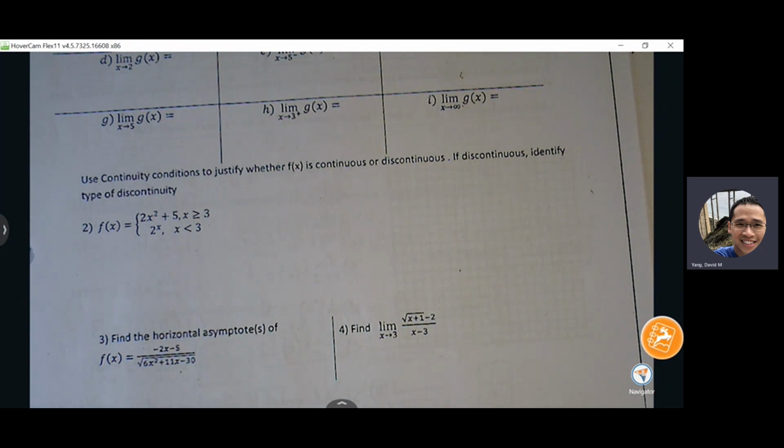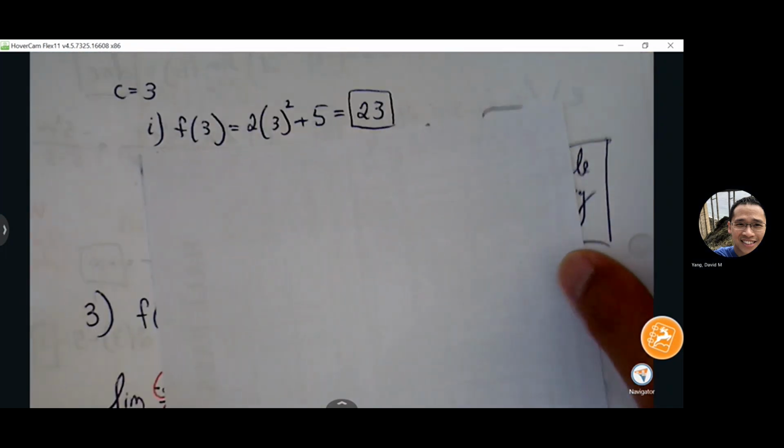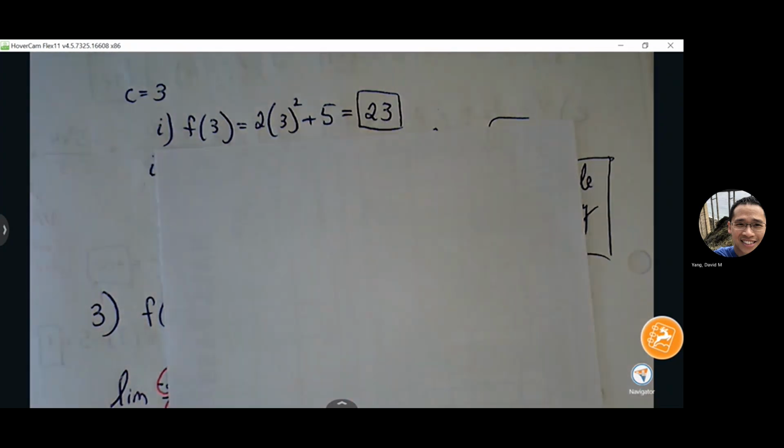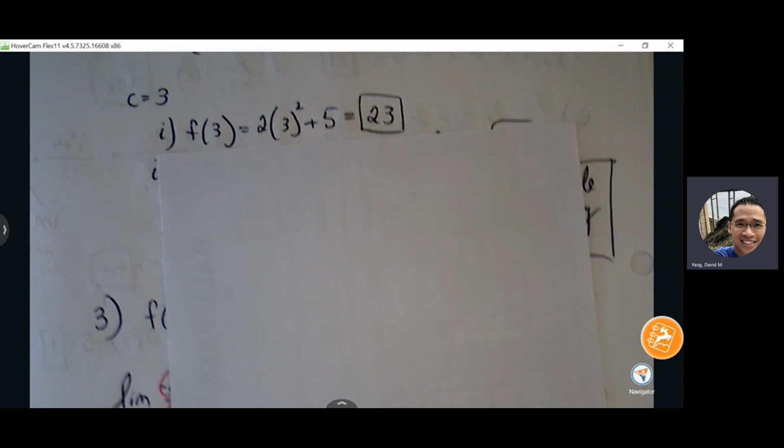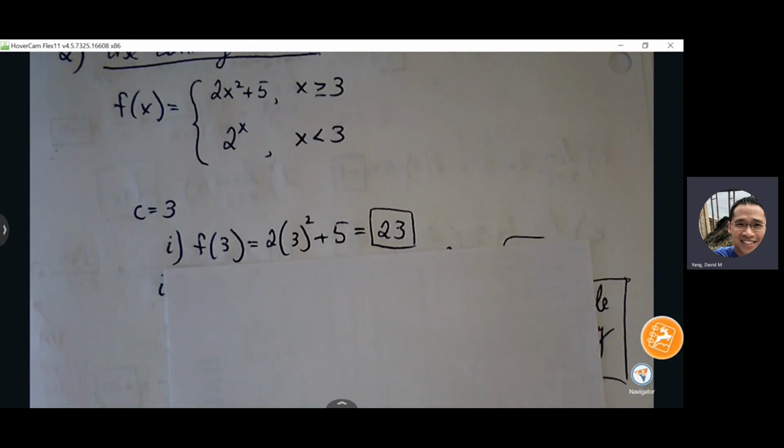What's our c value? 3. 3, okay, so enter 3 into the function. Second condition, we need to find a limit.